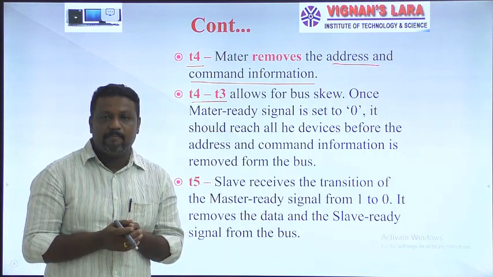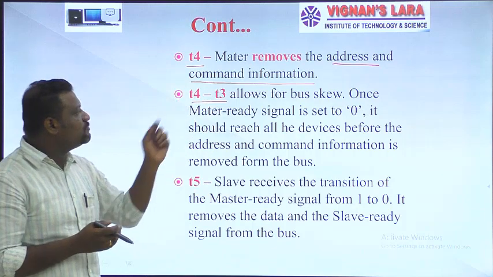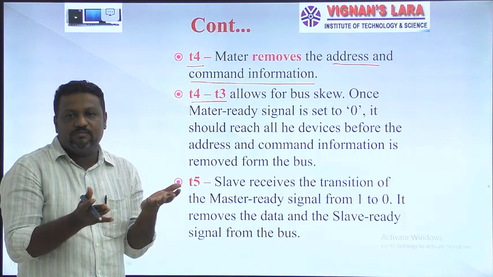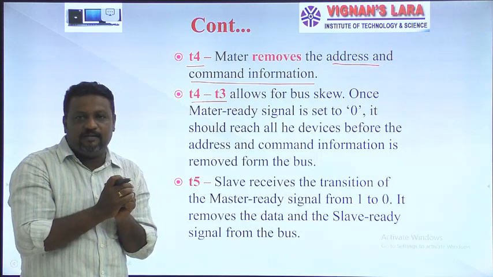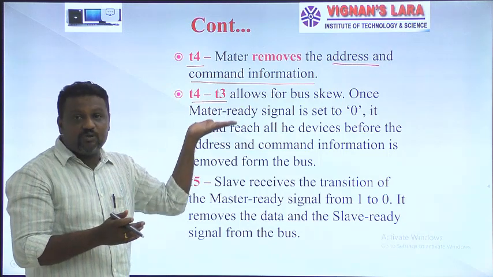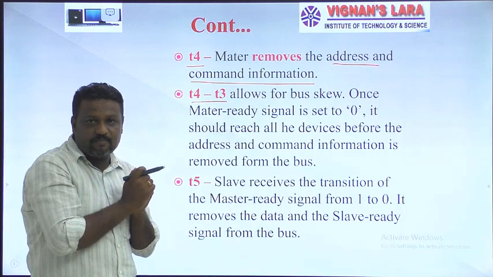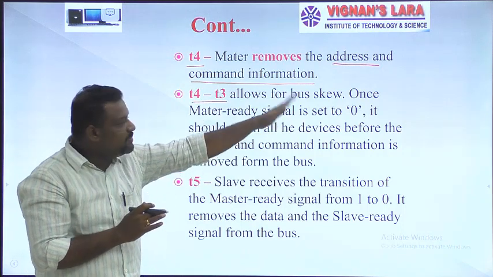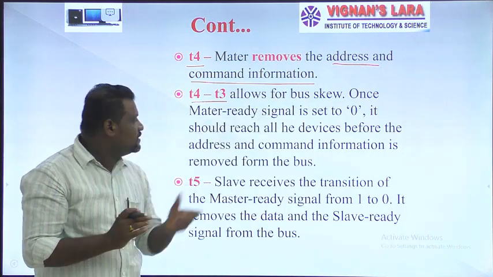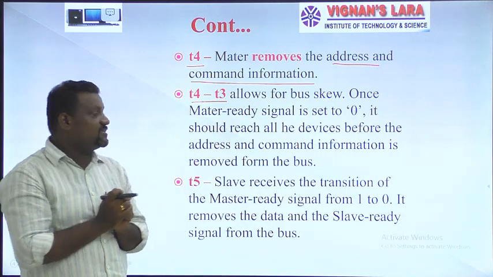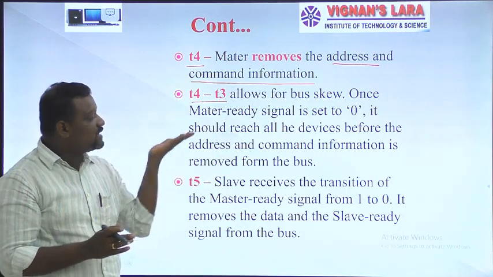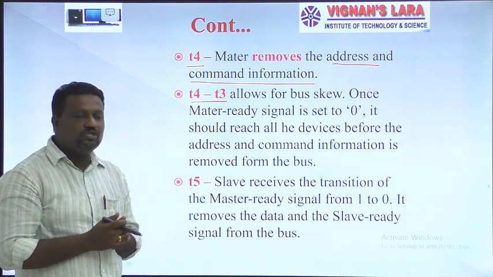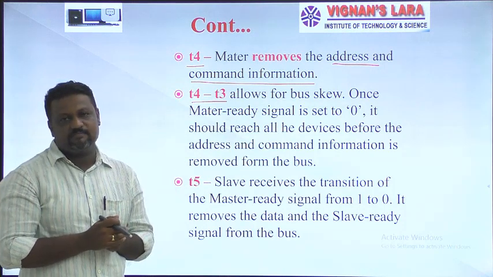So what is T4 minus T3? It allows for bus skew. Generally the master ready signal is an active high signal, there is no bar over it. Once the signal is deactivated, it is set to 0, and it should reach all the devices before the address and command information is removed from the bus.